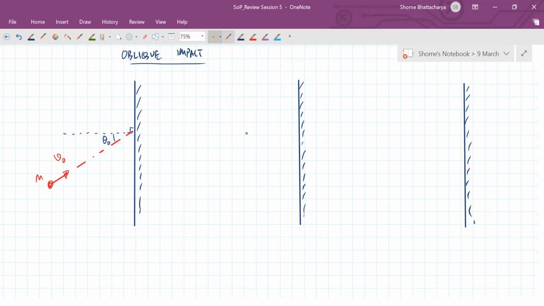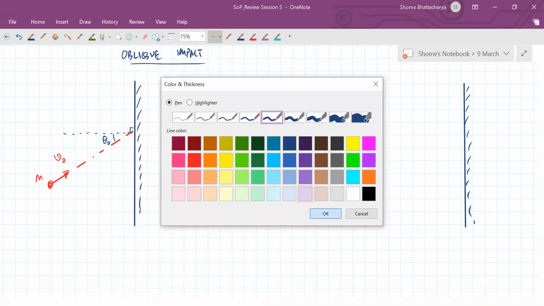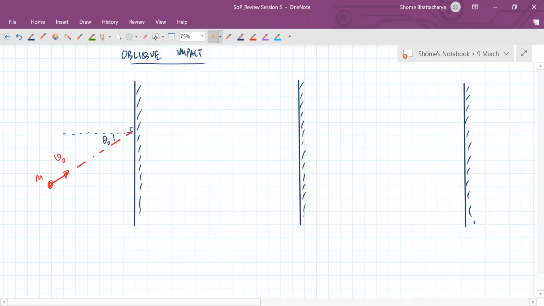What happens for the oblique impact is that, during the collision, this is our normal axis.